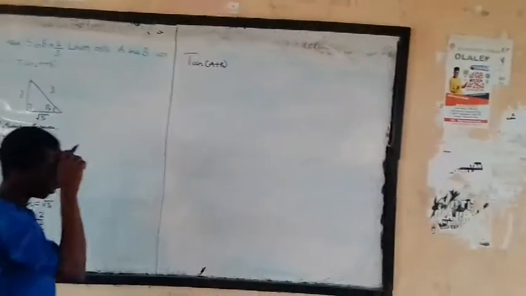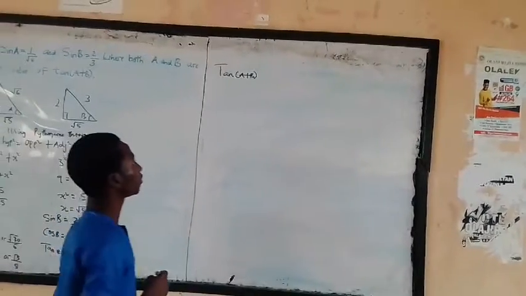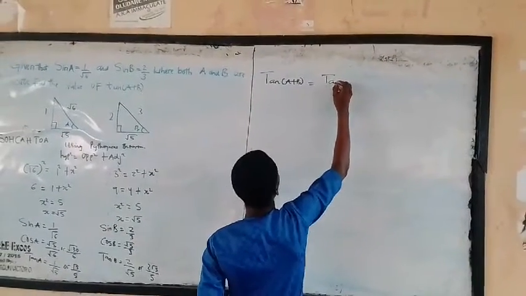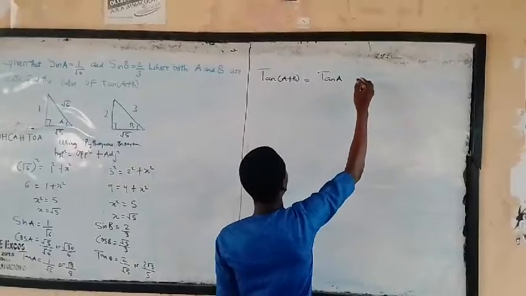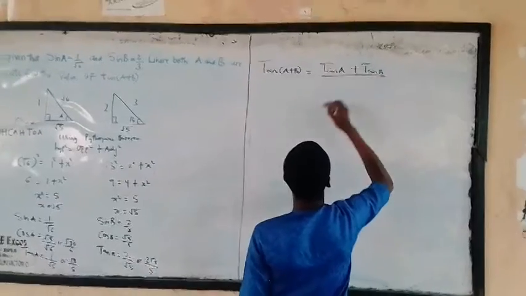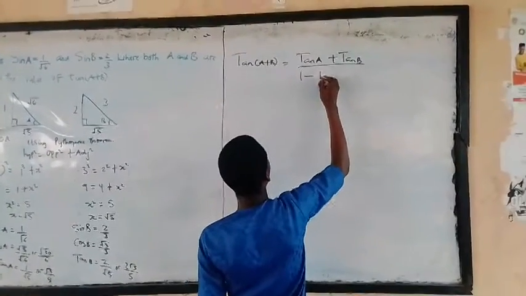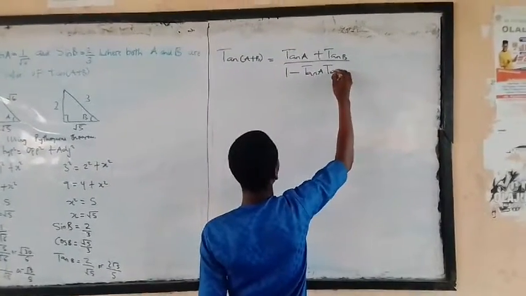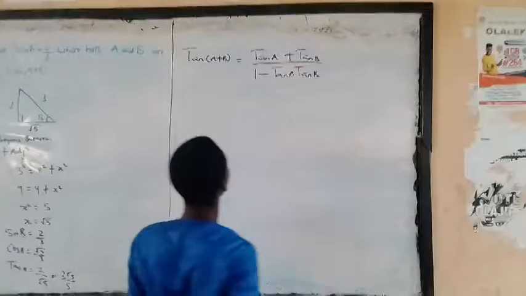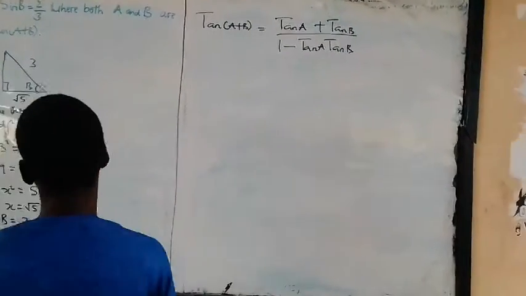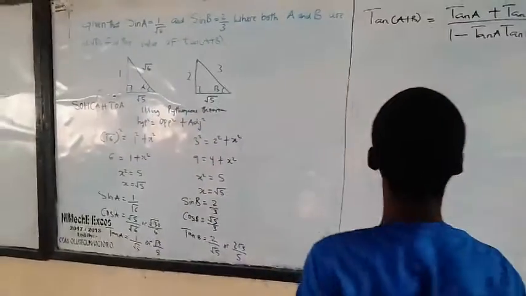From our double angle formula, we know that tan(A + B) can be written as tan A plus tan B, all over 1 minus tan A tan B. Since we have already located our tan A and tan B from our trigonometry ratios, we apply them to this.